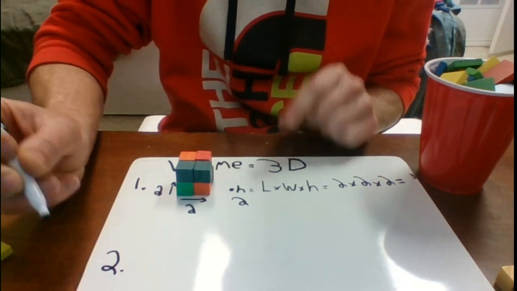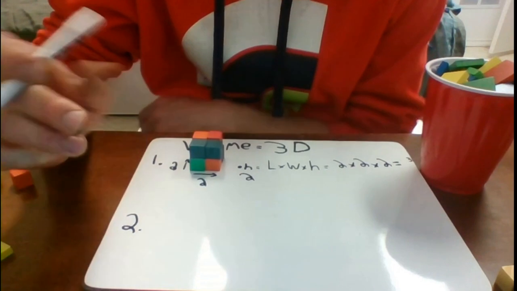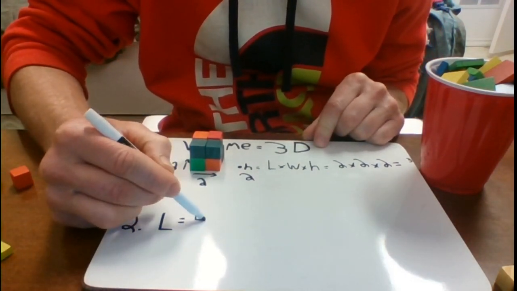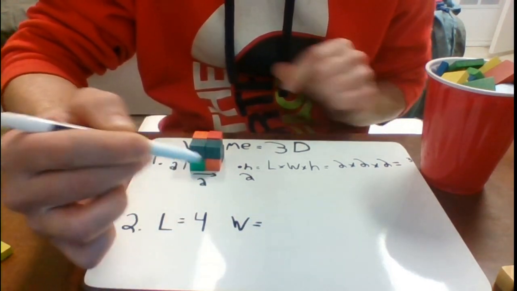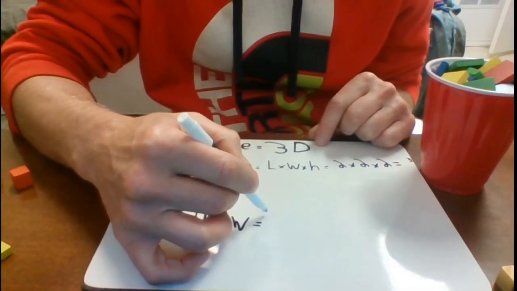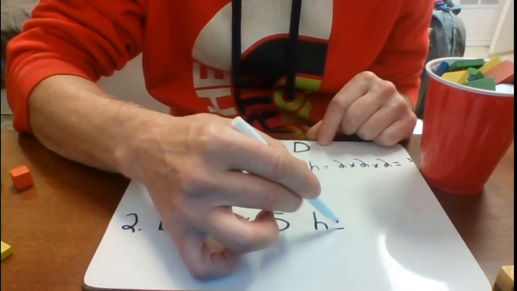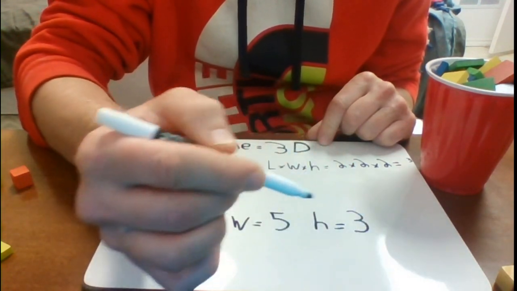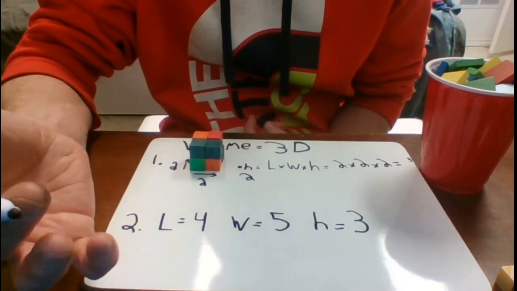Then you're going to make your own cube. You can draw it out if you'd like. The length is going to be 4. The width is going to be 5. And the height is going to be 3. So we have a shape here, an object here. I want you to try and draw it out.